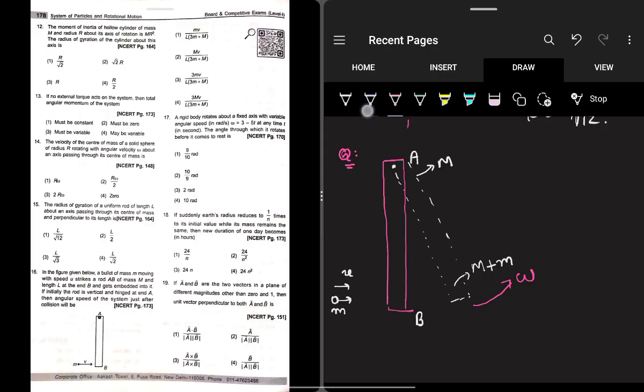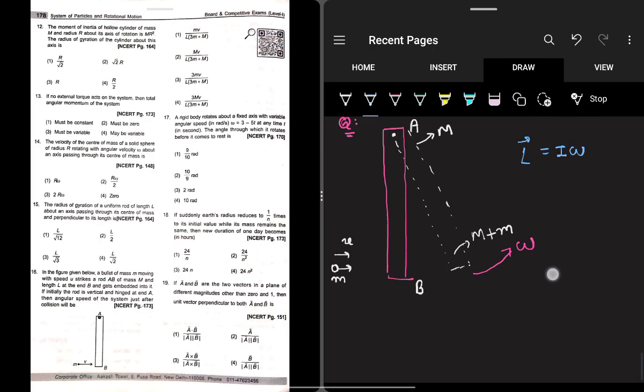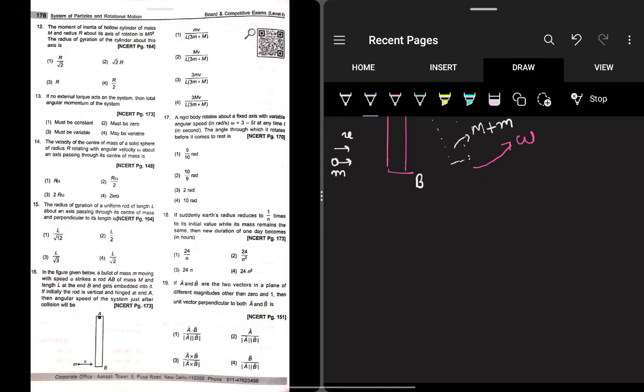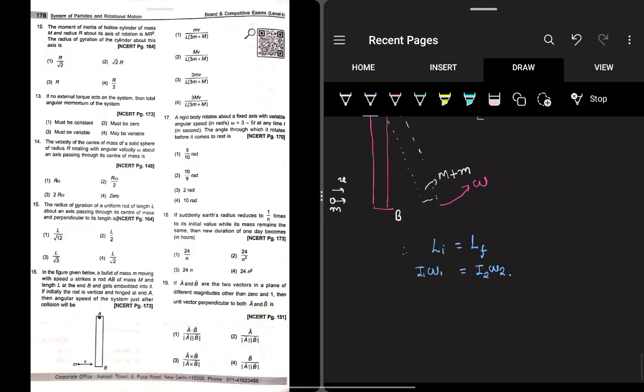So first of all, this is the relation between moment of inertia and omega. According to angular momentum conservation, initial angular momentum must be equal to final angular momentum. So that means I1 omega 1 must be equal to I2 omega 2. So let's call it omega 2.